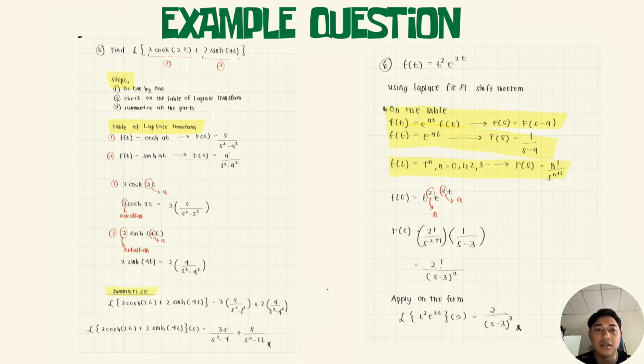Check the table; in this step, we can use the three Laplace transforms. Next step is to identify a and include it in the equation. So the final answer in this equation is 2 over (s minus 3) to the power of 3. That's all.